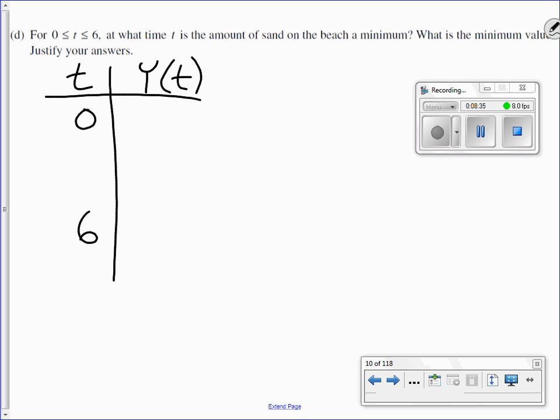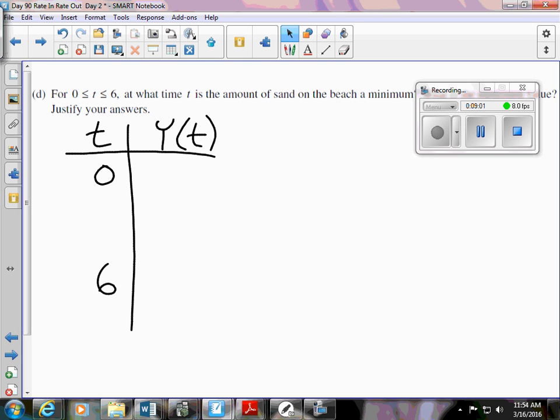But it could also occur when rate in minus rate out is going from what sign to what sign? Do you know? Negative to positive. So now I have to figure out at what time rate in minus rate out is going from negative to positive. Well, remember we put the rate in Y1 and the rate out in Y2? Let me just get the calculator. You want to put rate in minus rate out in Y3.